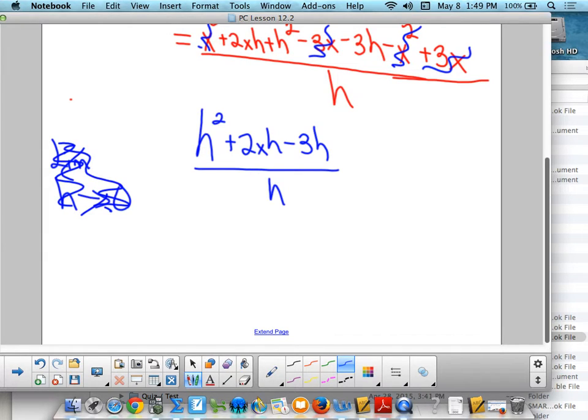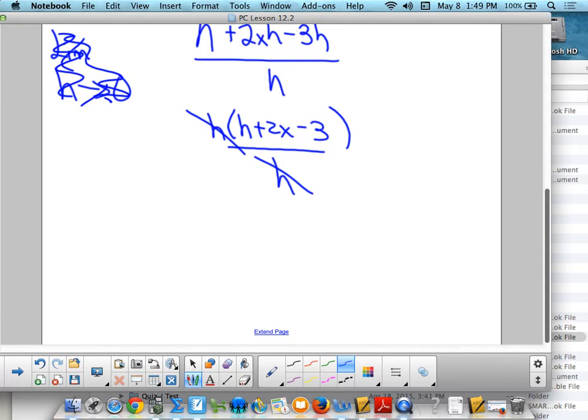It's just kind of simplifying the expression. Okay, so then Corey, they all have h's in them, right? Yeah. So factor out an h. I would get h plus 2x minus 3. Cross out those, right?